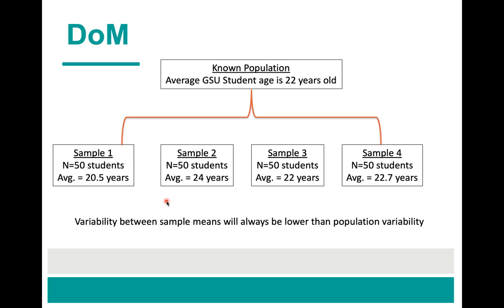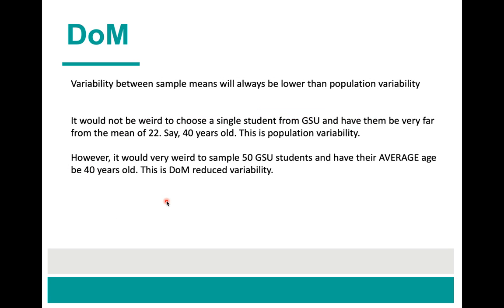What would be really, really weird is if I collected data from 50 Georgia State students and their average age was 40 years old. That would be ridiculous, right? 50 students who averaged 40 years old when we know that the average age of the population is only 22.